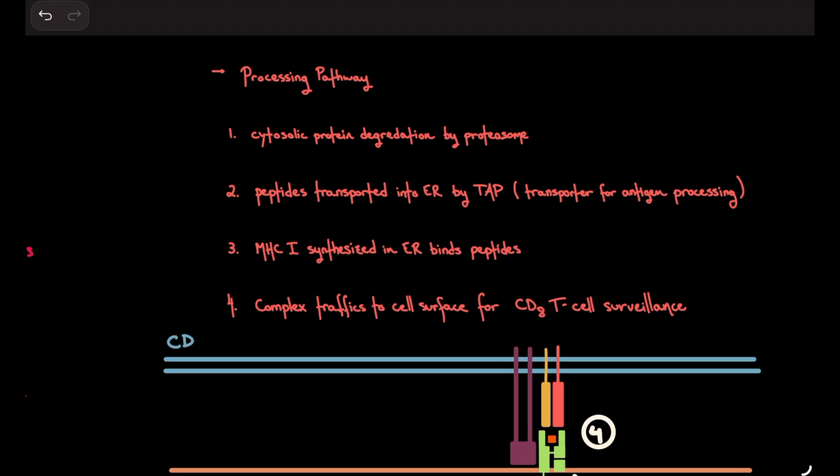That peptide is then transported into the ER by something called TAP. MHC1 is built in your endoplasmic reticulum, the ER, the protein fashioning center. And then that whole complex travels to the cell surface in hopes that it gets recognized by a CD8 T cell.